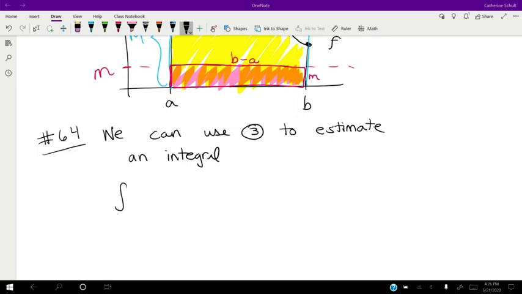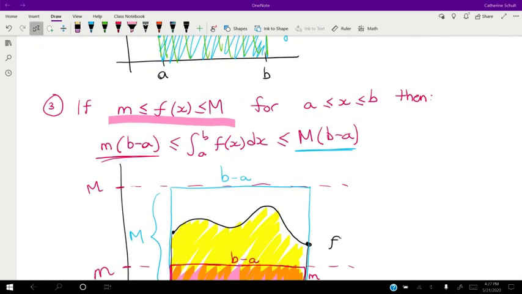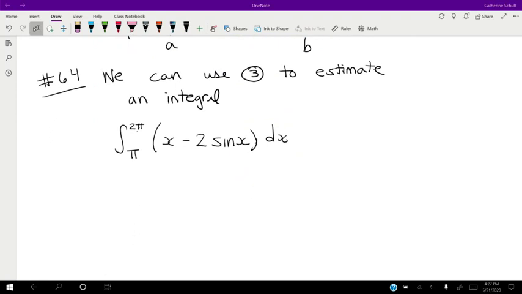We're going to estimate the integral from pi to 2 pi of x minus 2 sine x dx. Okay, so we're just looking at the interval from pi to 2 pi. All right, so again, we're just interested in pi to 2 pi. So this is our thought process: we want to bound the function x minus 2 sine x above and below.